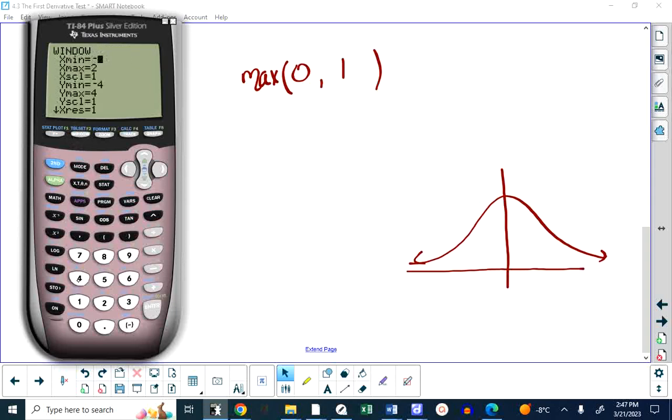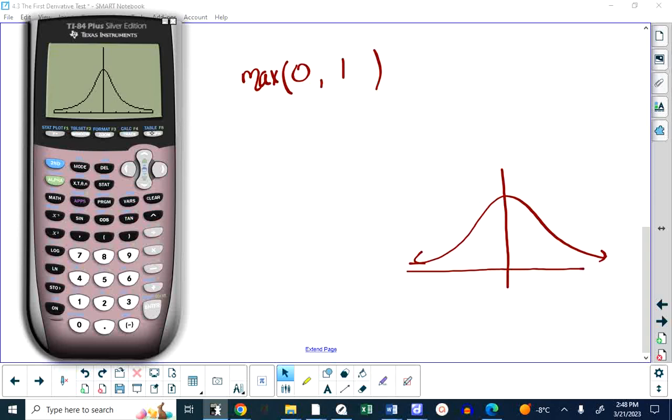I'll go from negative 4 to 4, and I will go from 0 to 1.5. So I can turn my axes back on. So that's what it looks like.